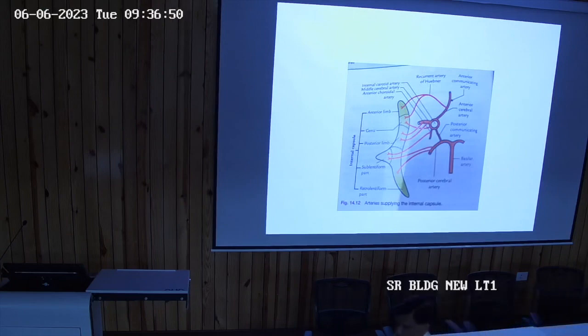These are named straight branches. So the straight branches of the anterior cerebral artery supply the anterior limb of the internal capsule. And the middle cerebral artery, very important, also gives two types of straight branches, lateral straight branch and medial straight branch.